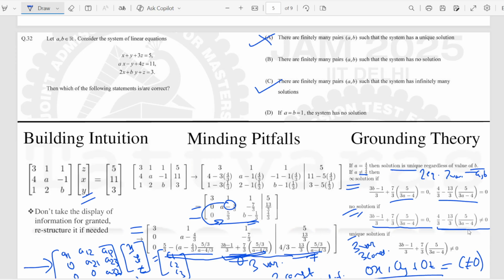It just doesn't have to become 0, but there are infinite other choices for it to take, based on which b can take a fixed value. So again, there is some freedom to choose values, so this is also incorrect. And for a equal to b equal to 1, we can see that this condition which needs to be satisfied for no solution is not checking out, so this is incorrect. So only option c is correct.